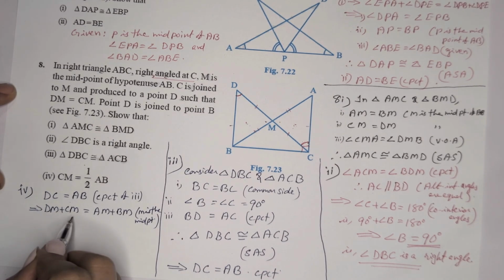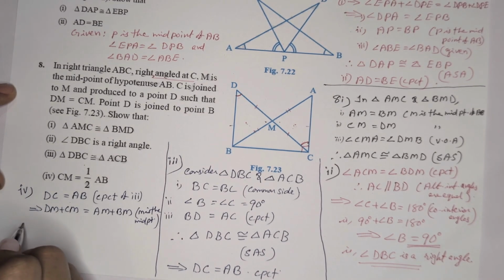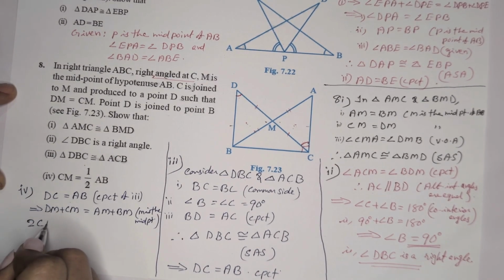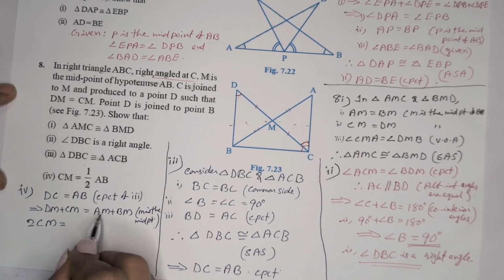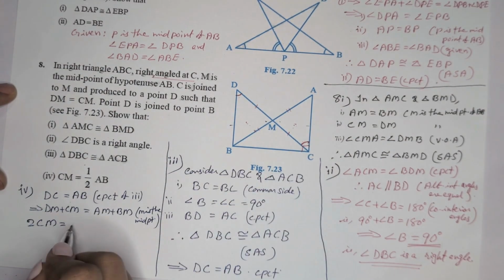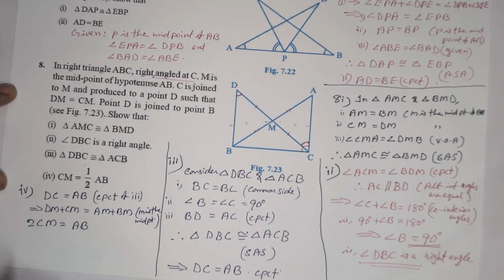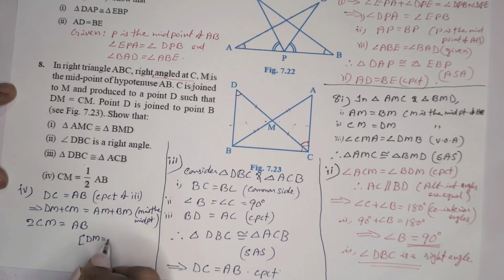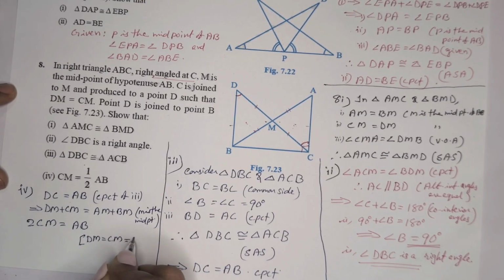So we can write in place of CM, 2CM is equal to AM plus BM, that is AB. Here the reason is DM is equal to CM, which is equal to AM, which is equal to BM.